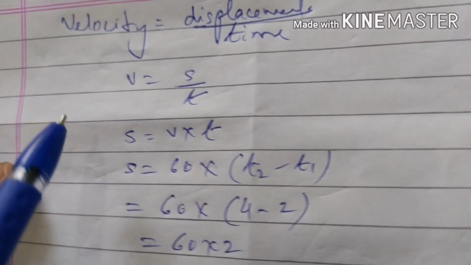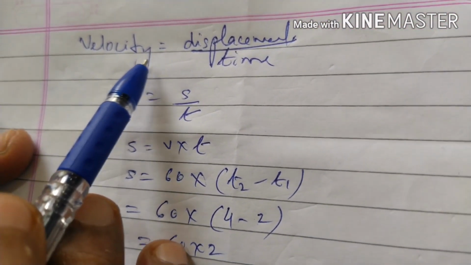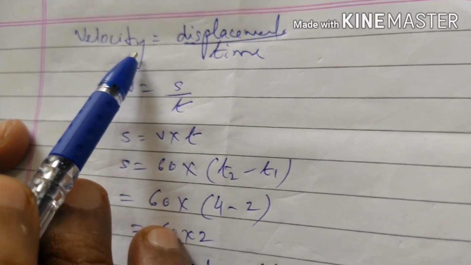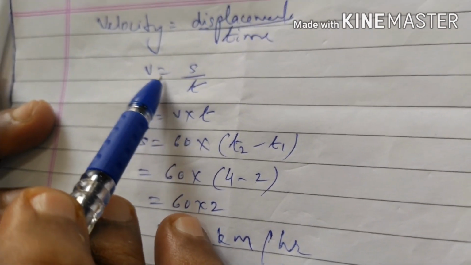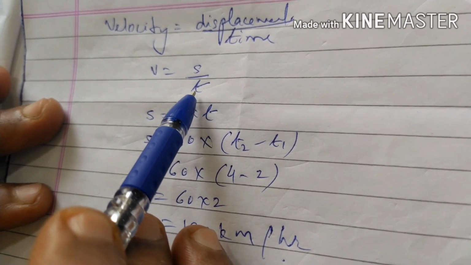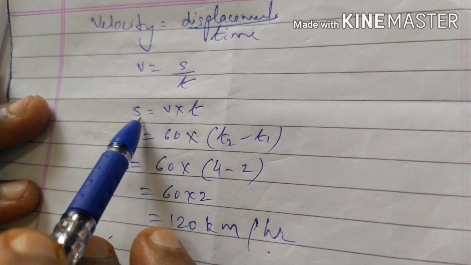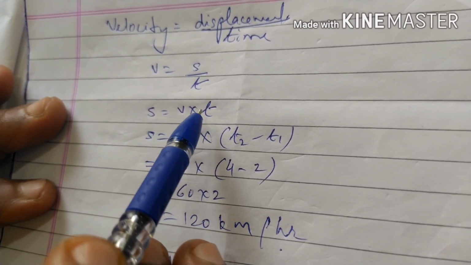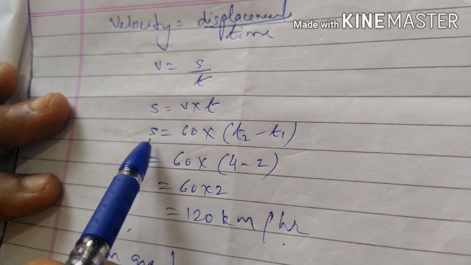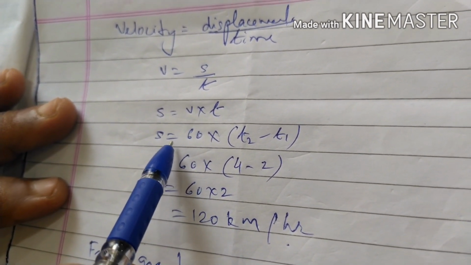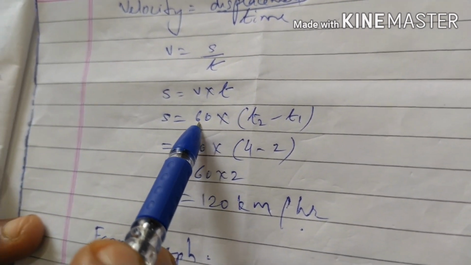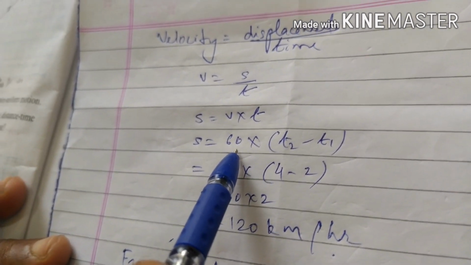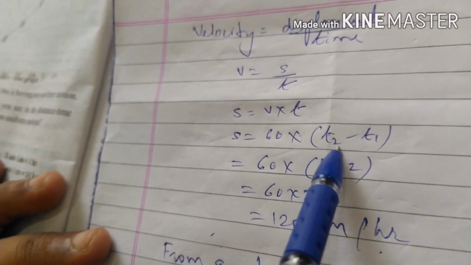You see, velocity is given here. We know the formula: velocity is nothing but displacement upon time. So I can write V is equal to S upon T. To find the displacement, S is equal to V into T, velocity into time. So displacement S is 60, the train is moving with a velocity of 60 km per hour, into T2 minus T1.